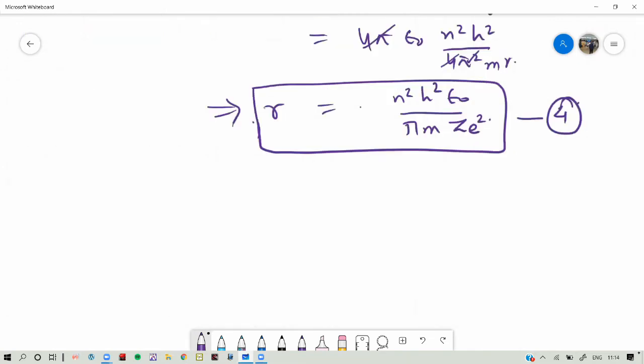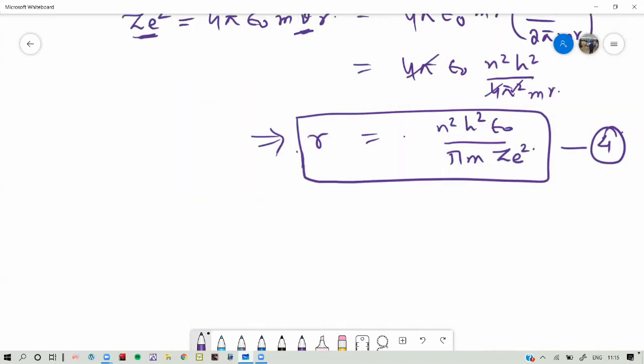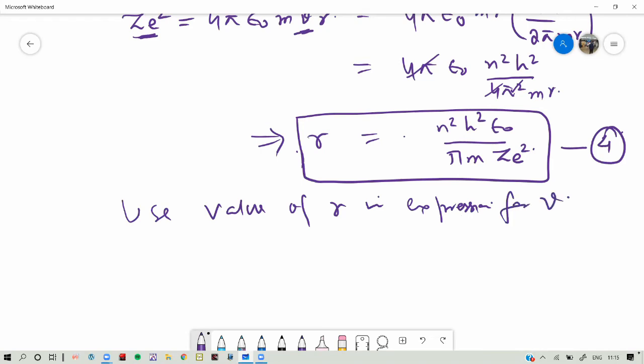We can use this value of r in equation 3, which is the velocity of the electron in the nth orbit. Remember that this is the equation for the nth orbit and for an atom having atomic number Z. Both Z and n are variables here.